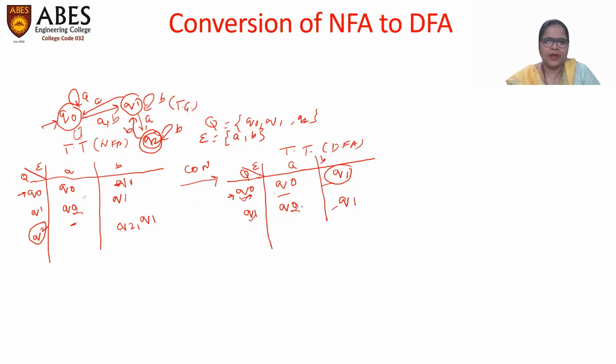This is already here, and Q2 has not been read by you. So for Q2, for input symbol A, no transition, and for input symbol B, you have Q2, Q1. This is the only state which we have not read yet. So Q2, Q1: for symbol A, where are you going?